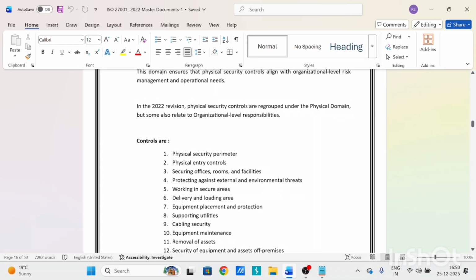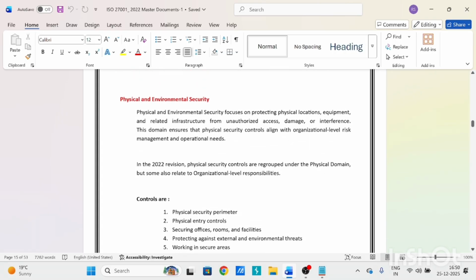And for environmental, things like air conditioners, moisture, temperature, sensors, all these things come under environmental security.